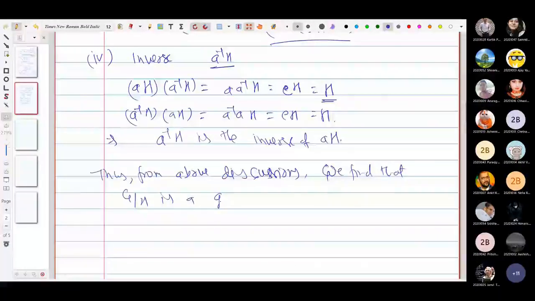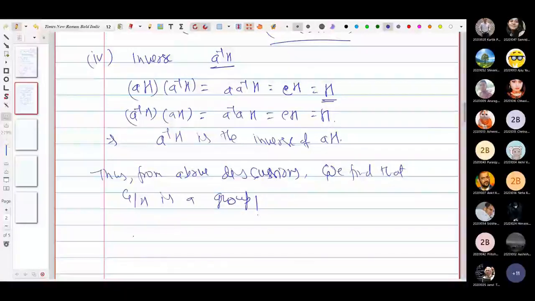Okay, so we are all done. Now we have established that G by H, that is the quotient group, or sometimes we say the factor group, is a group under the given operation. What was the given operation? The product of two left cosets or right cosets is again a left coset or right coset respectively.